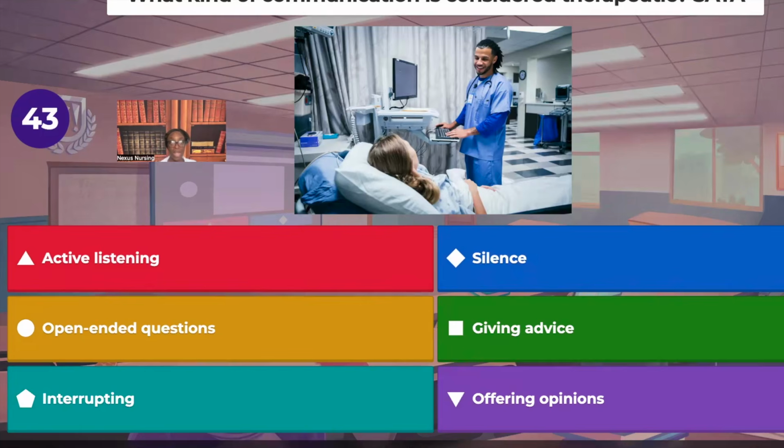So, which ones out of these are considered therapeutic?